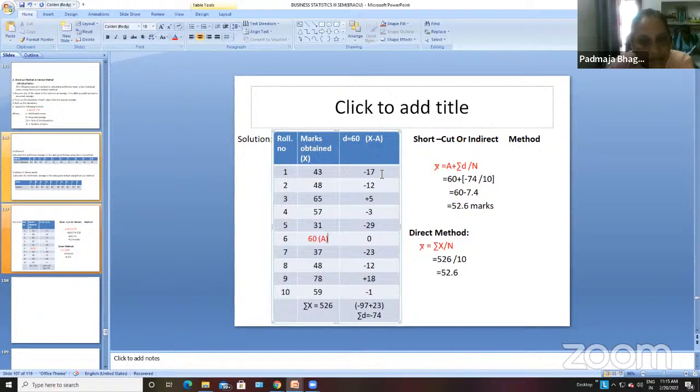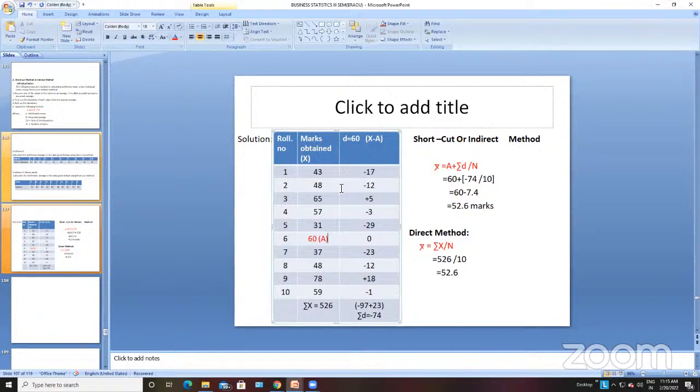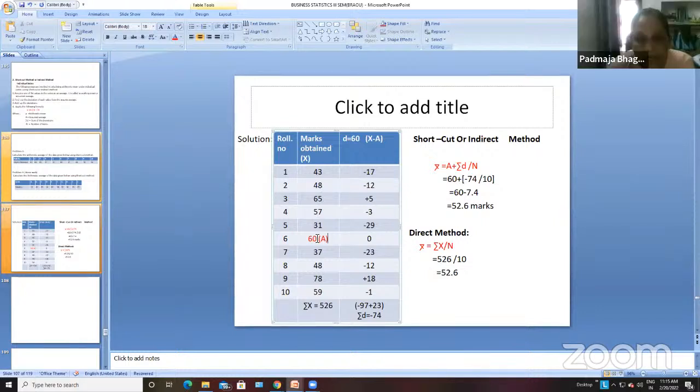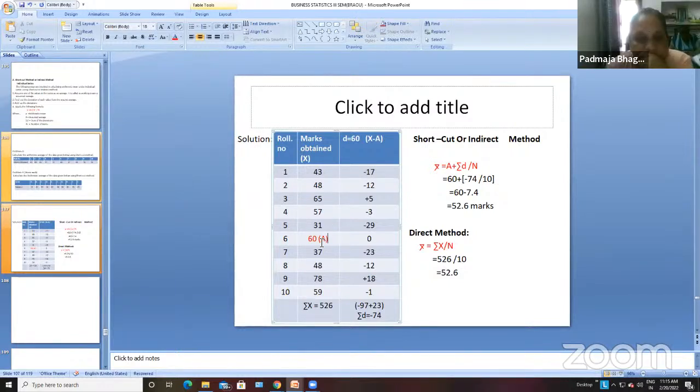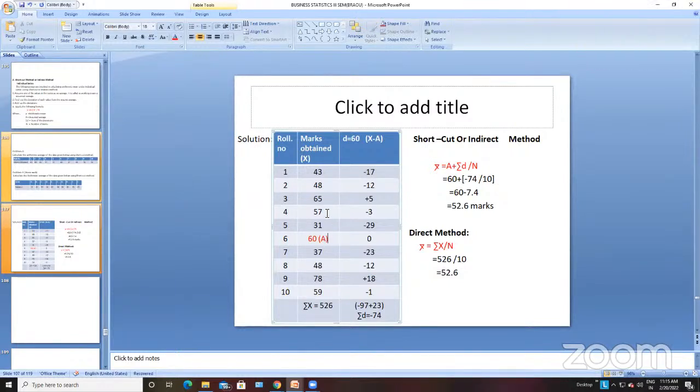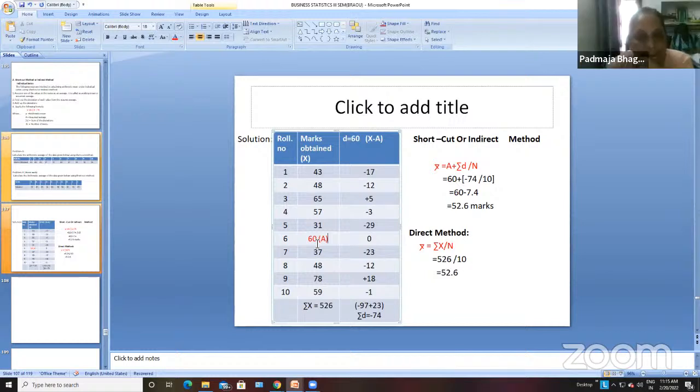Minus 17. Are you getting? Yes, ma'am. 48 minus 60? Minus 12. 65 minus 60? Plus 5. 57 minus 60? Minus 3. 31 minus 60?